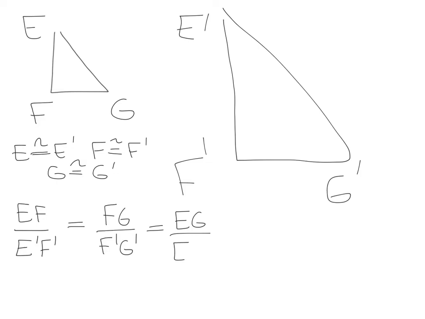EG over E prime G prime. Okay, what is true is the numerator and the denominator are proportional. So to go from EF to E prime F prime, we did times 3, times 3, times 3, straight across. Everything's times 3. That means that it's proportional.